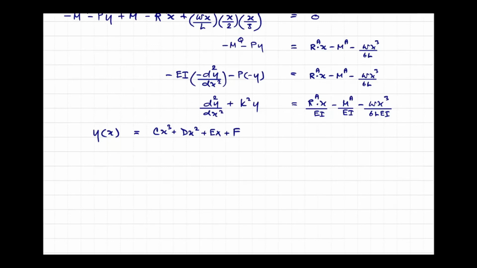Differentiate this particular solution twice. We have 3Cx squared and another time 6Cx, right? Plus 2D.